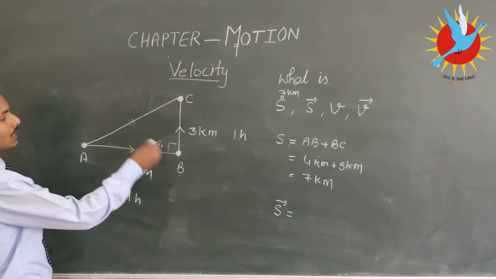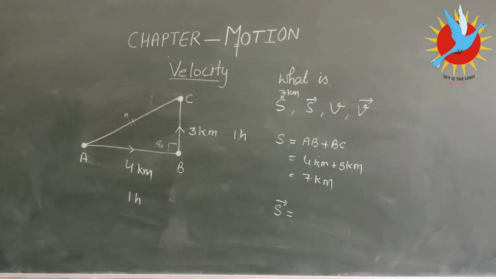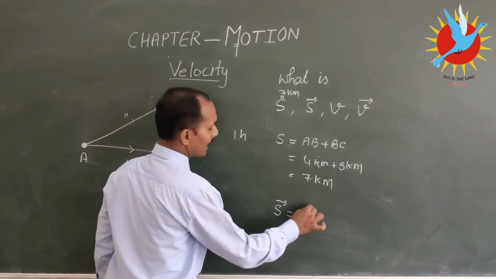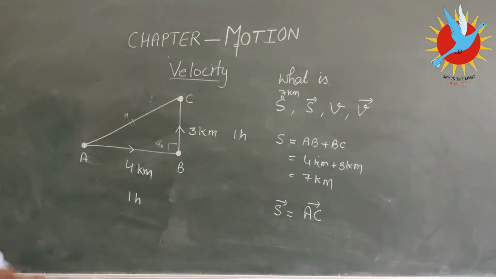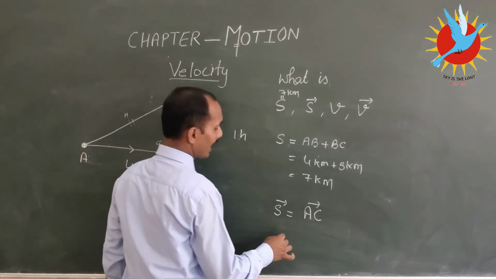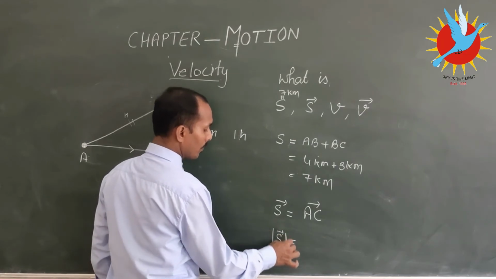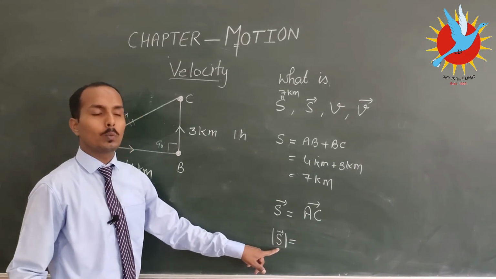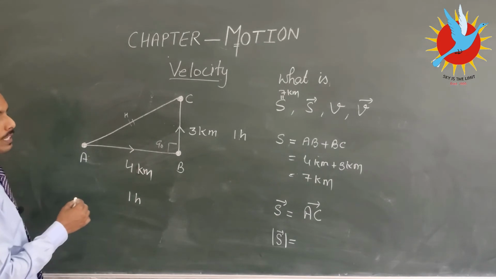So displacement is the shortest path, and the shortest path is AC. How do you calculate the magnitude? Magnitude means numerical value. How do you calculate the magnitude of AC?